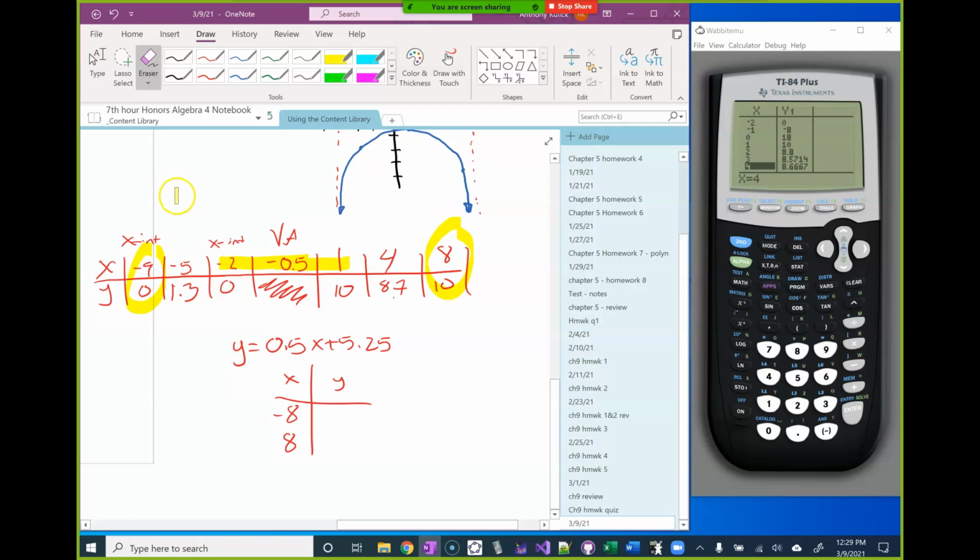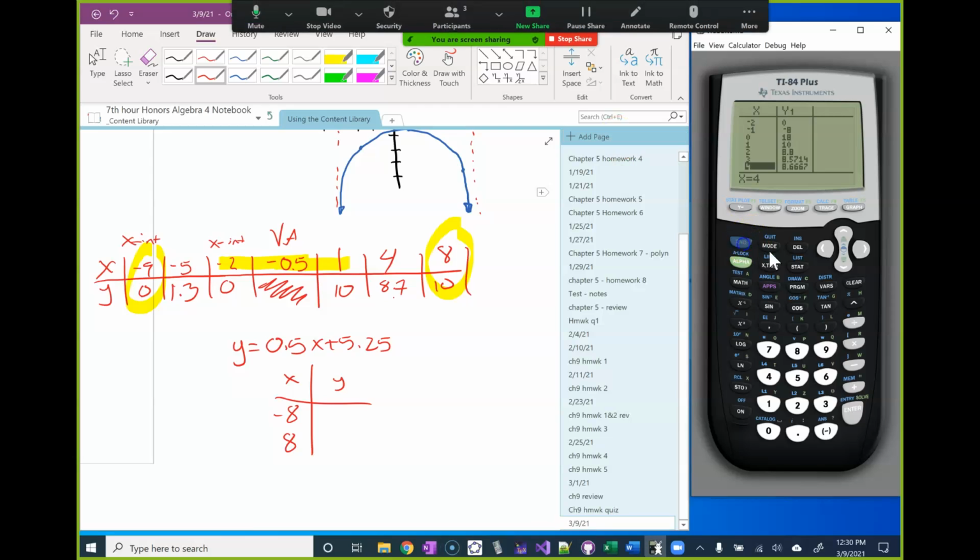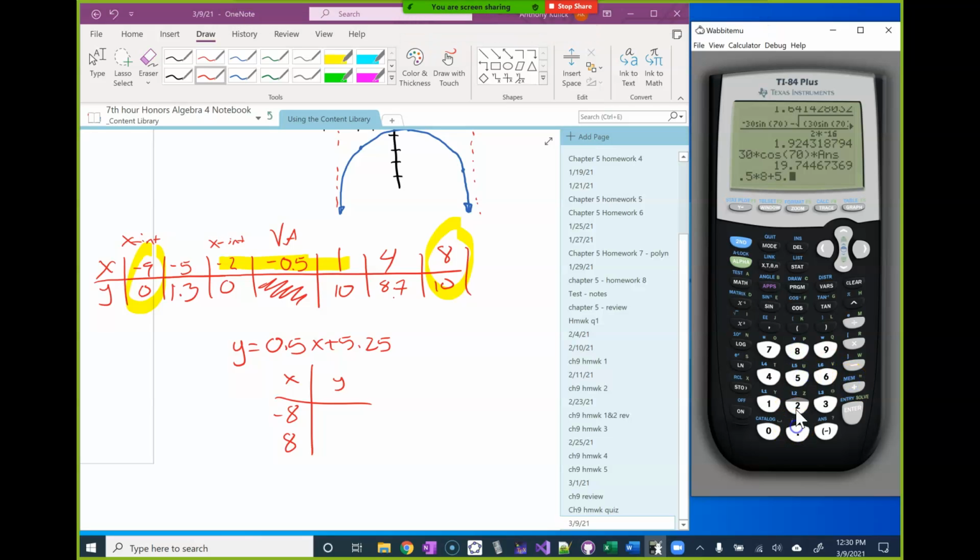So what I did then is I'm just plugging in. So 0.5 times 8 plus 5.25 is 9 1/4. Oops, I put that in the wrong spot though, huh? 9 1/4.